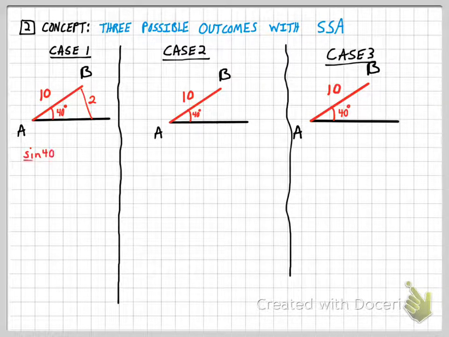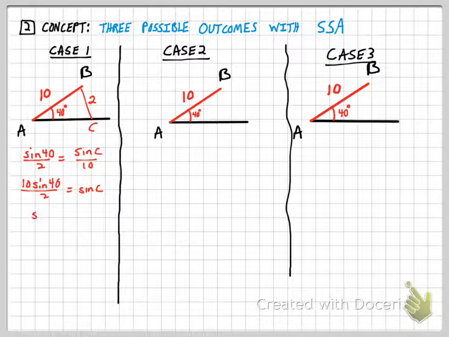I'm going to do the sine of 40 over 2, which equals the sine of angle C over 10. When I solve this, I multiply both sides by 10, and I get 10 sine 40 over 2 equals sine C. When I pull my calculator out, sine C is equal to about 3.2.